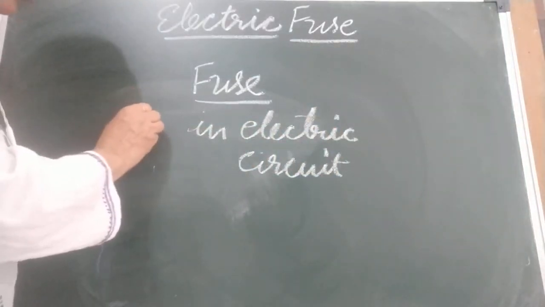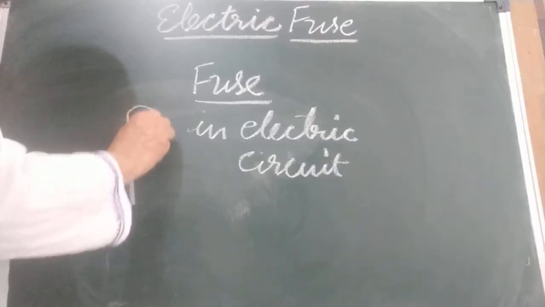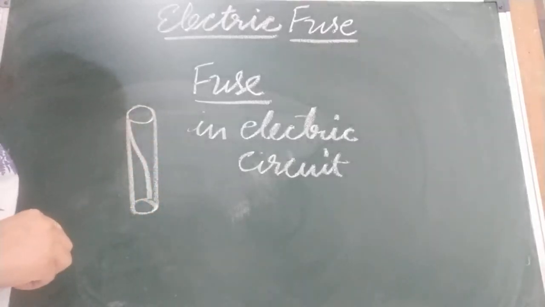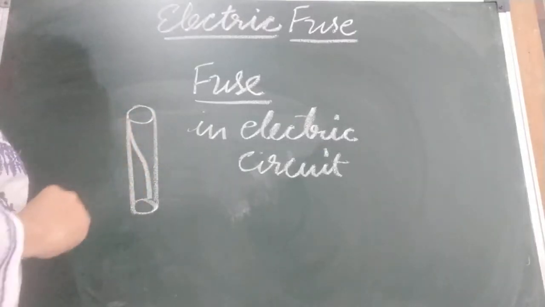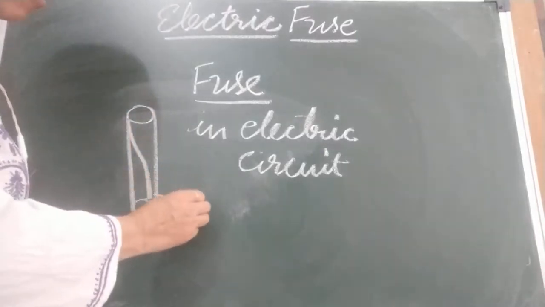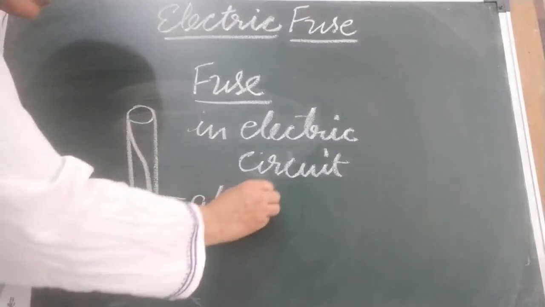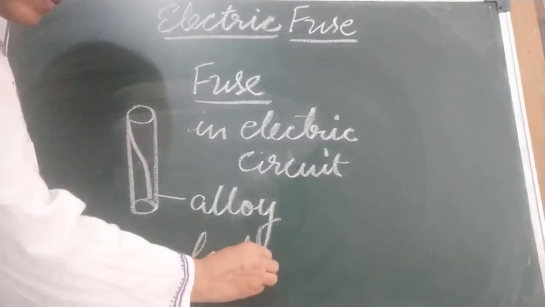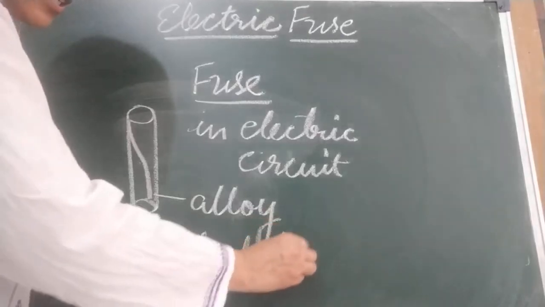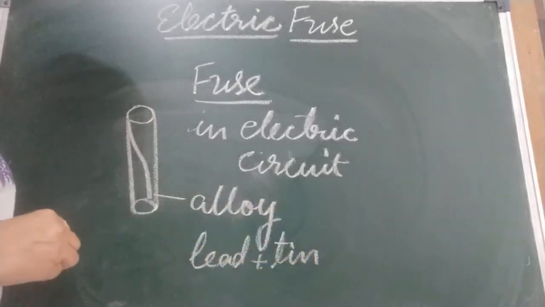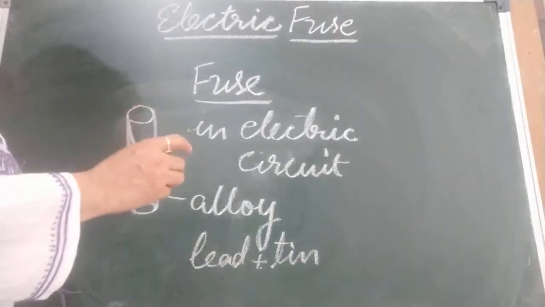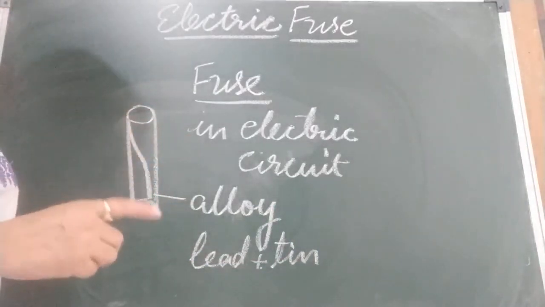I am going to show you this electric fuse. In the book it is given. It is like this, and a thin wire is running. This thin wire is made up of an alloy of lead and tin. So, what is the specialty here?